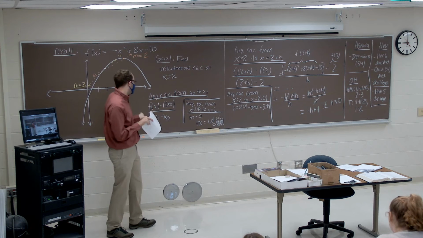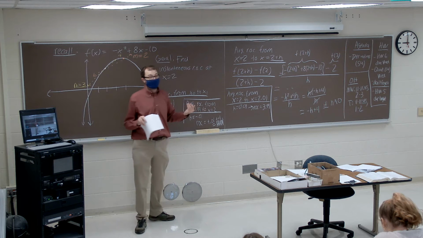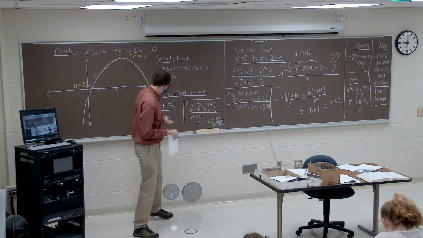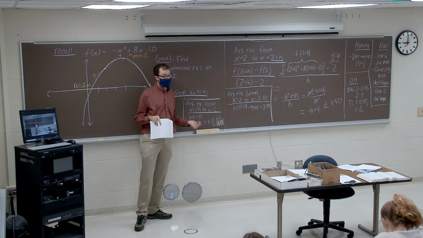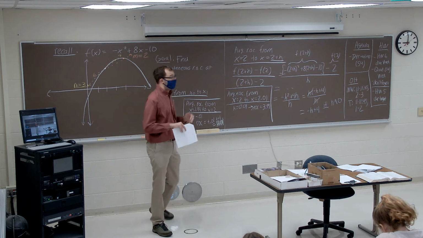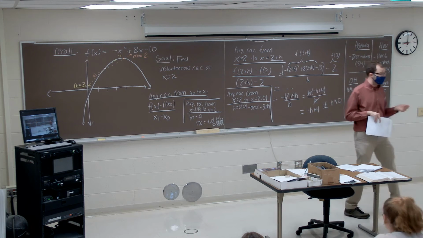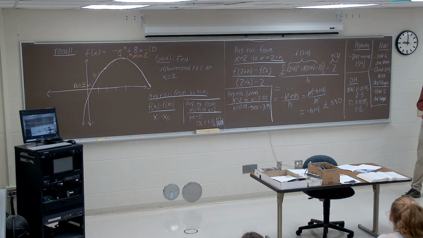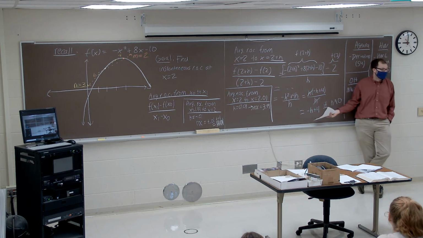If we take average rate of change from 1.99 to 2, so a point very slightly to the left of 2, we get an average rate of change of something slightly bigger than 4, this 4.01 value. So Josh, you propose that you think the instantaneous rate of change at x equals 2 itself is just going to come out to 4? Yes. What would we get if we plugged in h equals 0 to this expression?